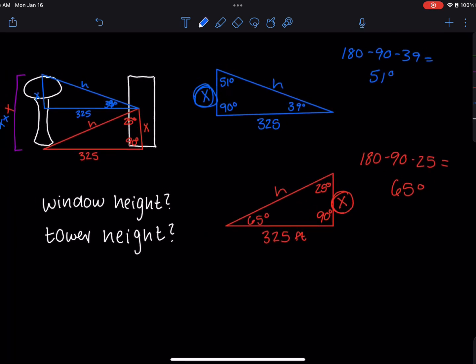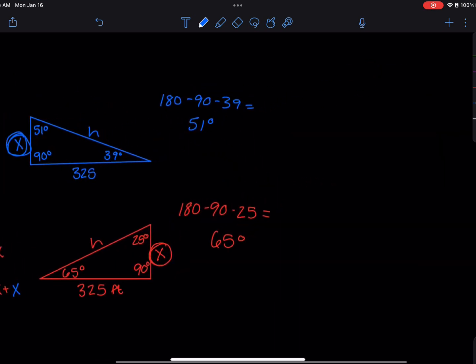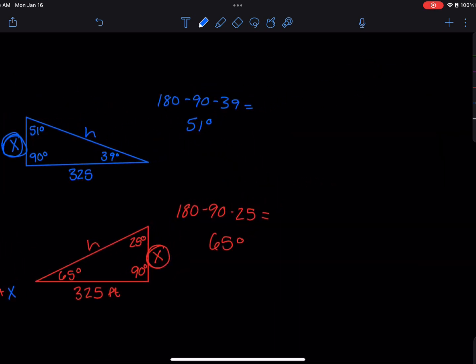And then we're going to use SOHCAHTOA, and we can find the measures of the x values that we're trying to find.